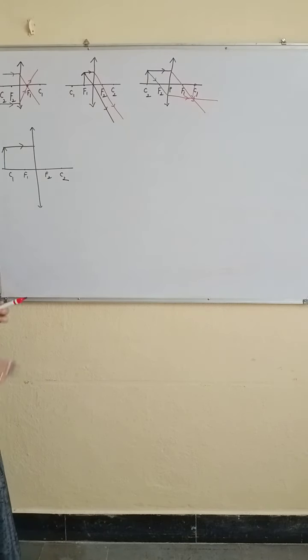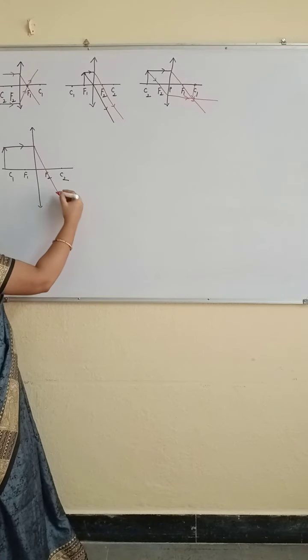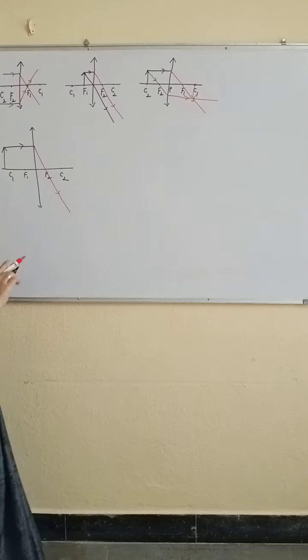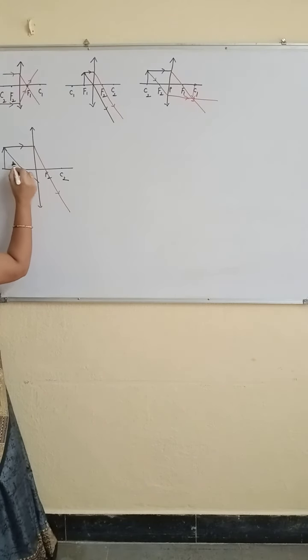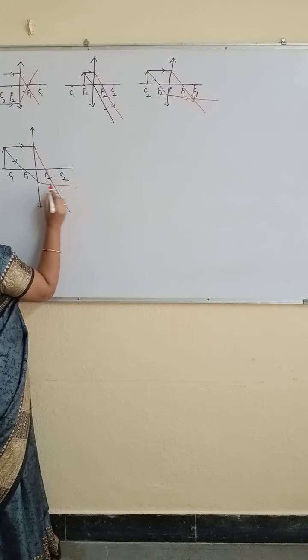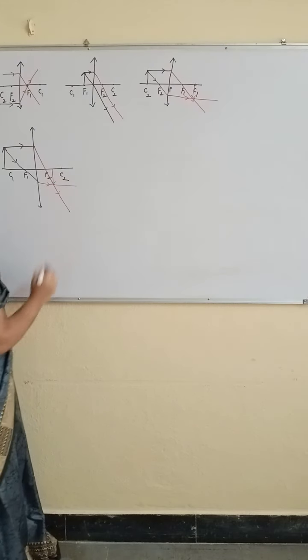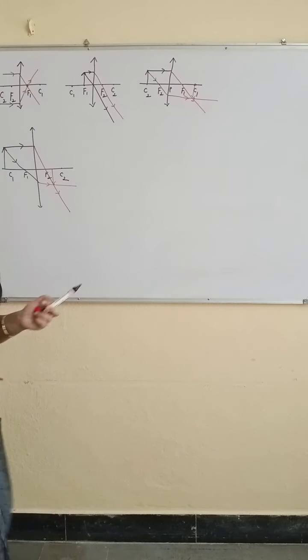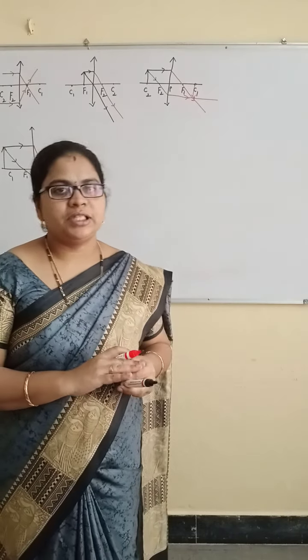The light ray which is parallel to the principal axis, the refracted ray passes through the focus. The light ray which is passing through the focus, the refracted ray is parallel to the principal axis. So here they two intersect, so here you will get the image. When you see the object and image, it's a real, inverted and diminished image.